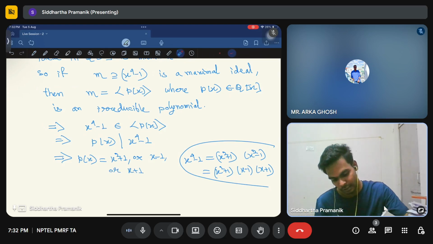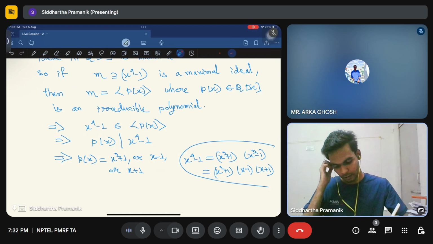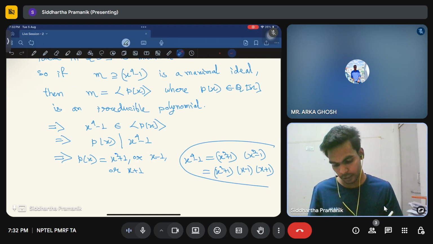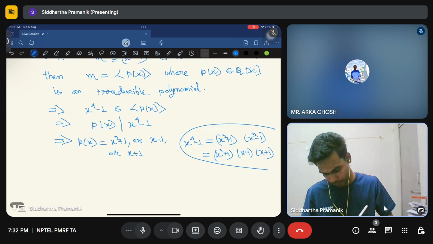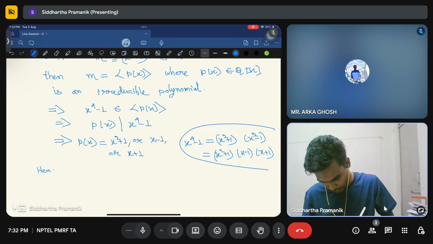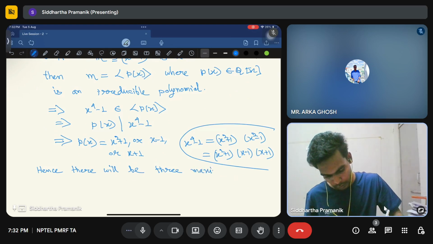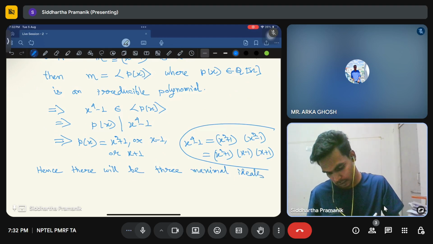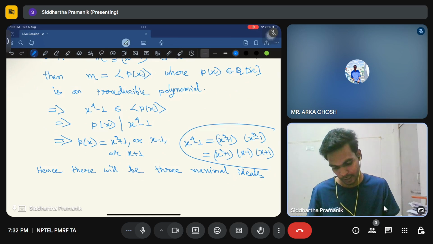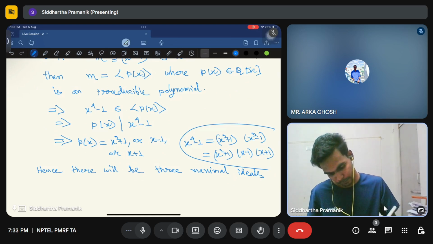Since these three polynomials are irreducible, they correspond to maximal ideals. Hence there will be only three maximal ideals which contain x power 4 minus 1, which means there will be three maximal ideals in the quotient ring.